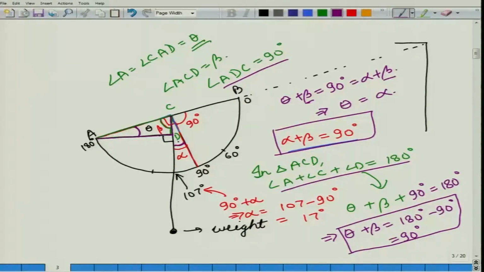What we have measured using our protractor is this complete angle, which is 107 degrees. Now, 107 degrees is equal to alpha plus 90 degrees. So, alpha is equal to 17 degrees, and so theta is also equal to 17 degrees.